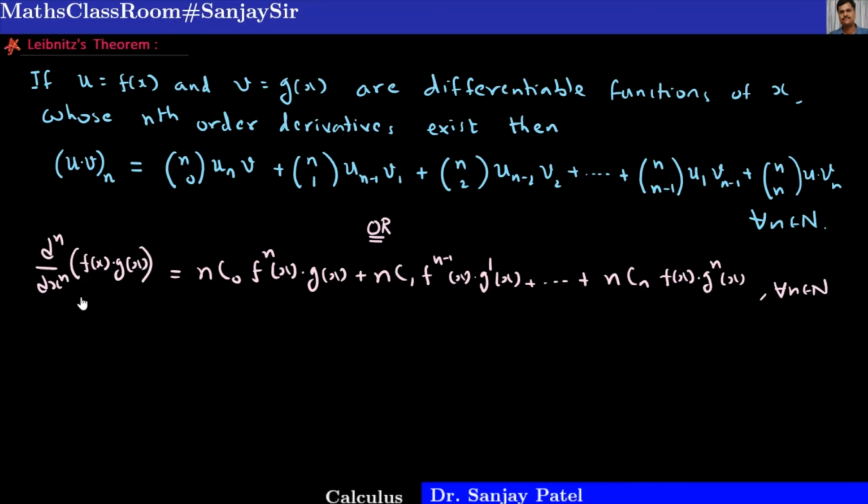Okay, and as it is to be proved for every n belongs to N, we are going to use the principle of mathematical induction. So let us prove by induction.